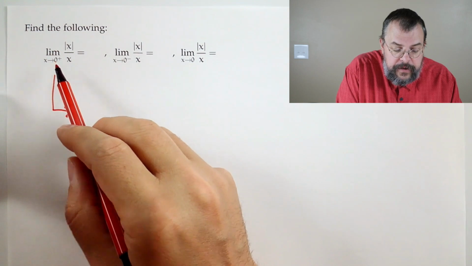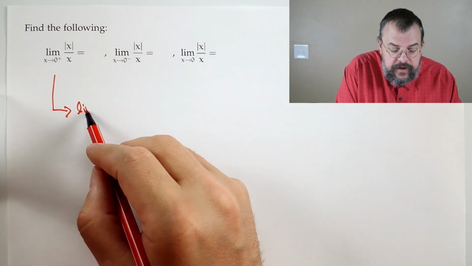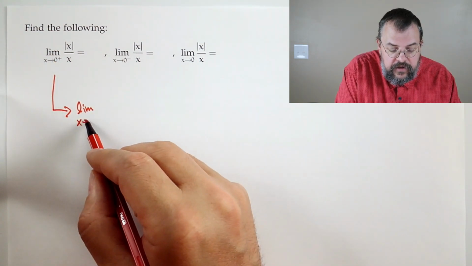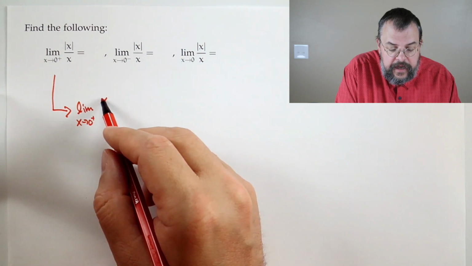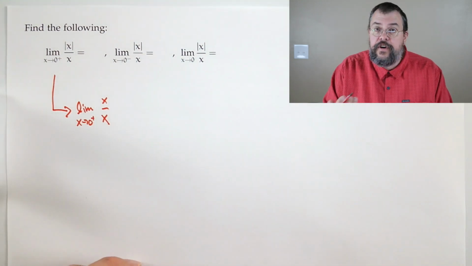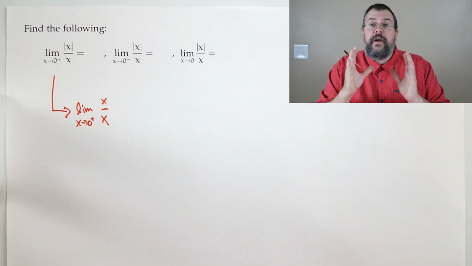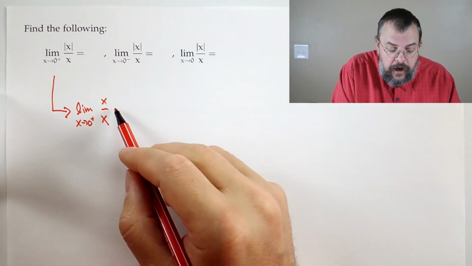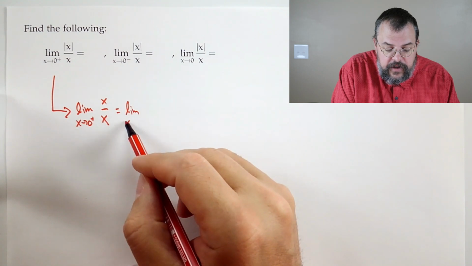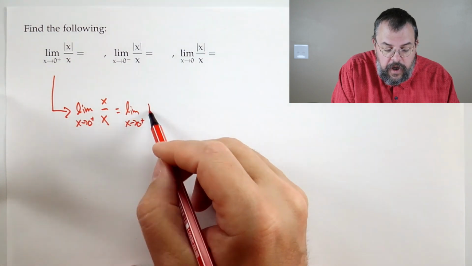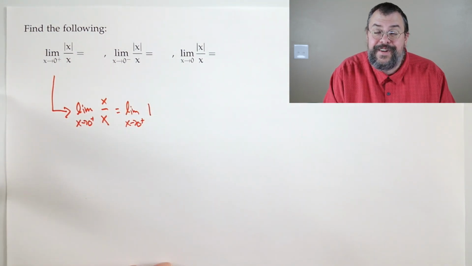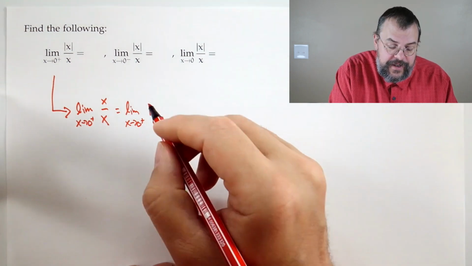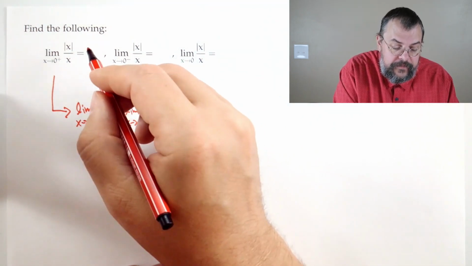So because I'm coming from above, this is really the same as the limit as x goes to 0 from above of x over x, because I can drop the absolute value, since I'm always above 0. Also known as the limit as x goes to 0 from above of 1. Well, that's a nice limit. We know how to take that limit. It's 1. And that's our answer.